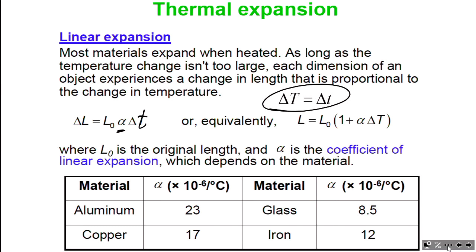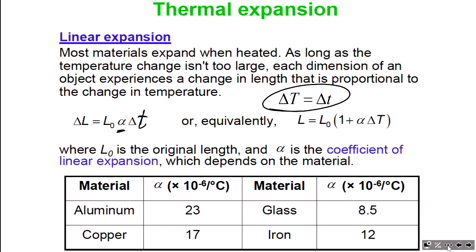The coefficient, which has a name, coefficient of linear expansion, of course depends on internal properties of that material, and has been measured for all important materials. And sometimes instead of a Celsius degree, you may see Kelvin degree, but it will not make any difference.